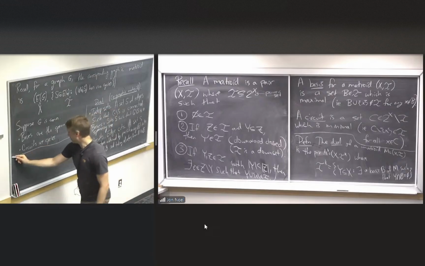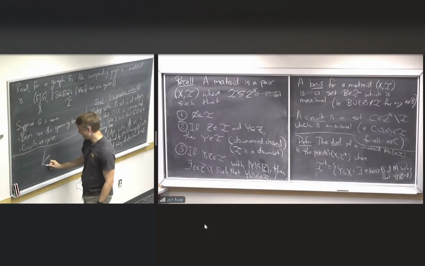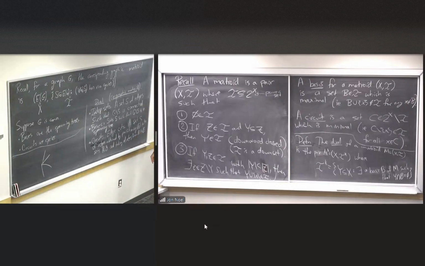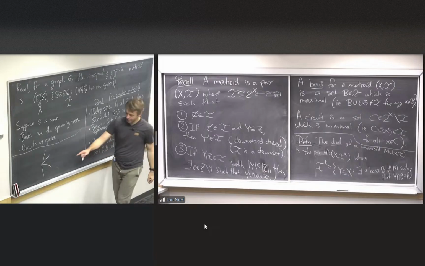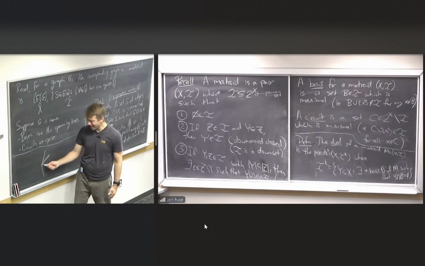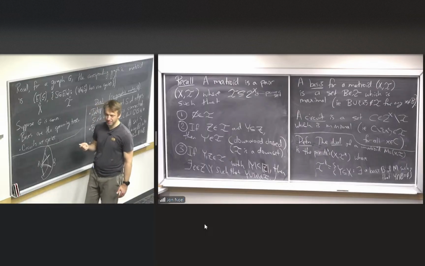If my graph was just a star, every edge is going to disconnect the graph. So each edge individually is a circuit. But if I made this my set A and this my set B, that would be a dependent set of edges, but it wouldn't be a circuit because it's not minimal.